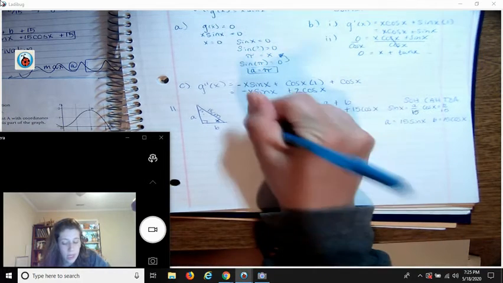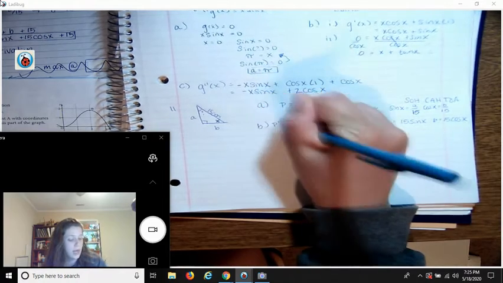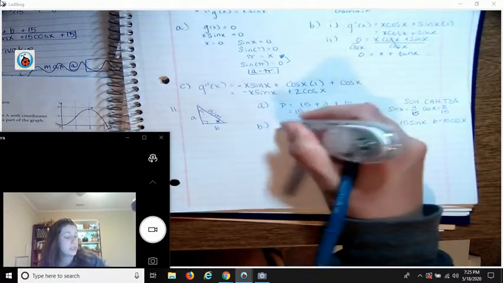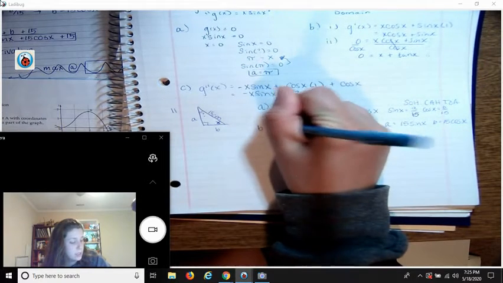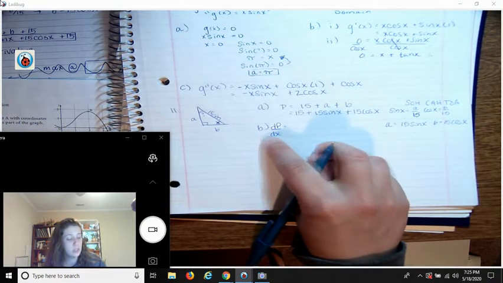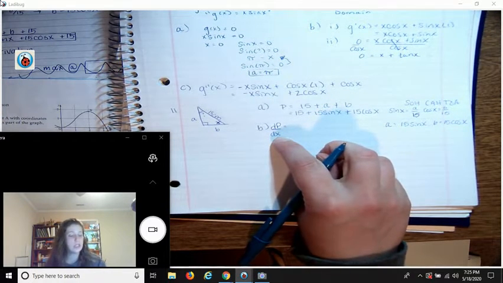In part B, all we're doing is taking the derivative of P, or we could say dP/dx. We're changing the perimeter, d stands for the change, with respect to the change in x, where x is our radian measure.